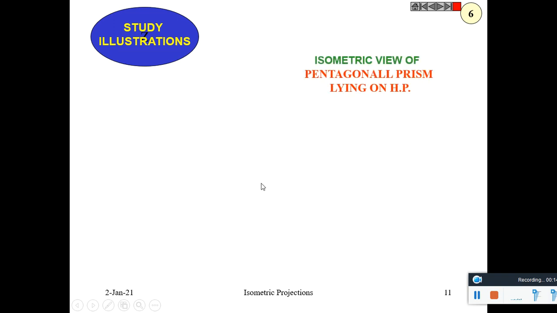Isometric view of pentagonal prism lying on HP. So as it is lying, we have to draw the front view. Now the depth is drawn.